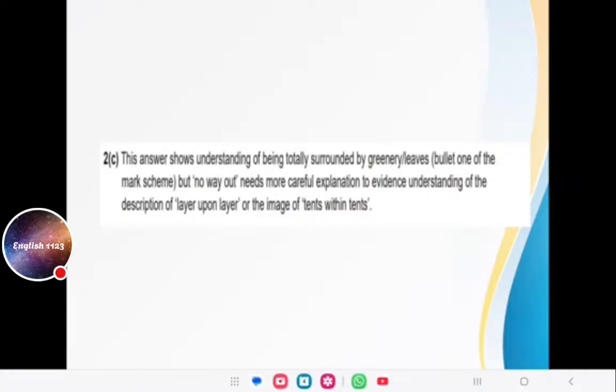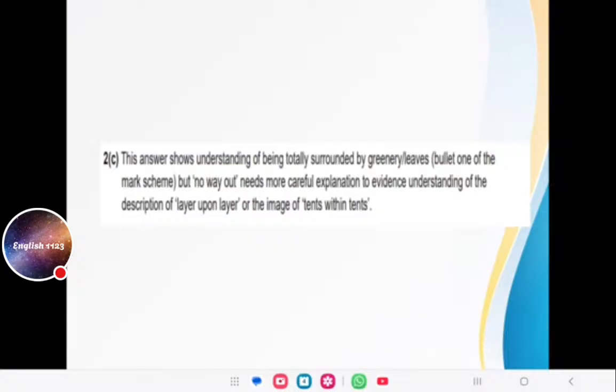But "no way out" needs more careful explanation to evidence understanding of the description, layer upon layer, or the image of tents within tents. Just by writing one line, "no way out", your meaning is not clear. "No way out" is correct, but it is vague and needs more explanation, so that you can explain that there were tents within tents, or layers upon layers.